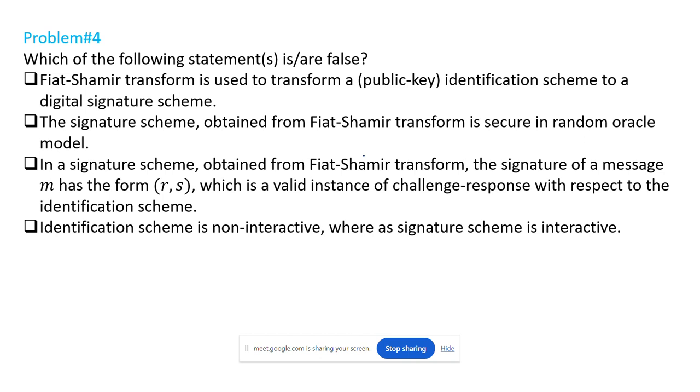This is true. The signature scheme obtained from the Fiat-Shamir transform is secure in the random oracle model. Is this true? If the random oracle model is not there, then are we able to get a signature scheme from the Fiat-Shamir transformation?